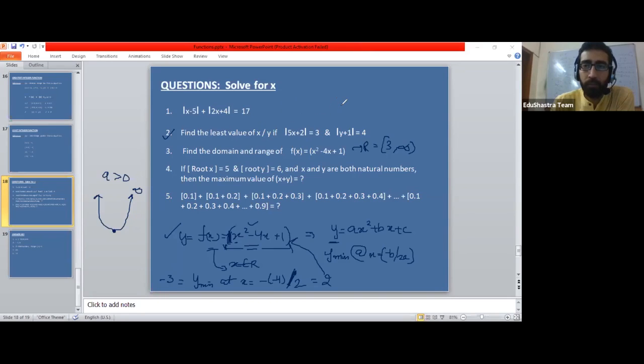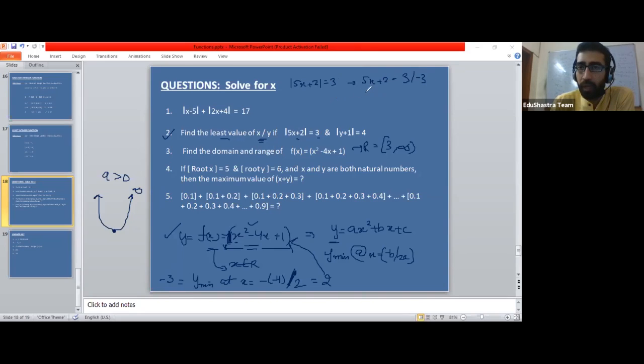Question number 2. What do we do about question number 2? We have to find out the least value of x by y. Firstly, if you want to find out the least value, ensure that at least one of x or y is negative, because a negative value is always less than a positive value. If you check x here, mod of 5x plus 2 equal to 3 can only mean one thing, that 5x plus 2 is either equal to 3 or equal to minus 3.